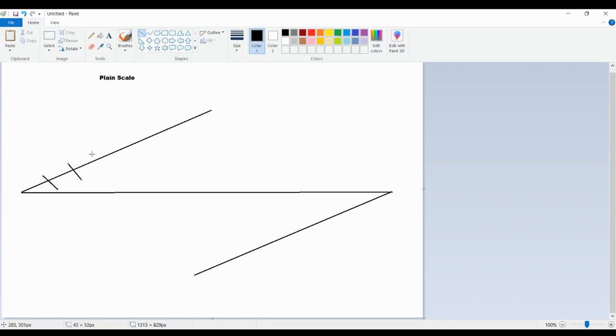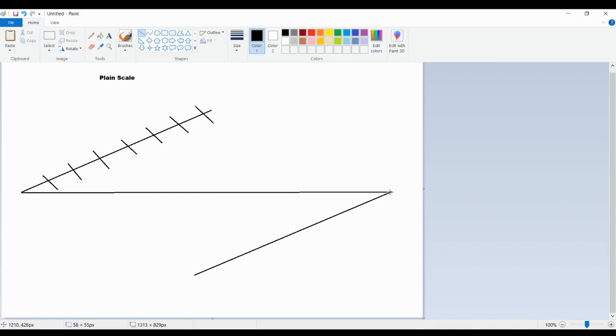Then move it over here. Again cut. 3. Again move your compass. 4. 5. 6. And 7.